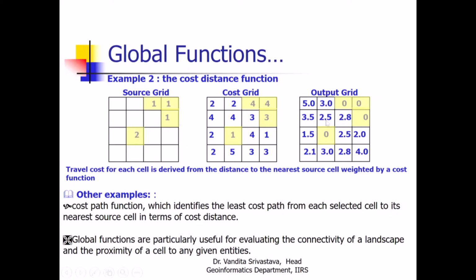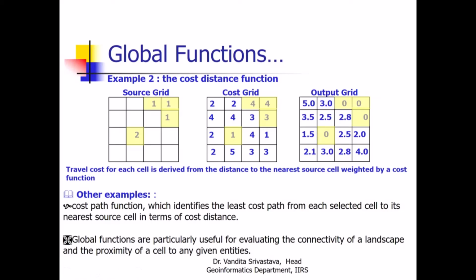So that is why this becomes 2.5. If you consider another route, then an additional cost will be there. That's why that is not the nearest source. This is the nearest source and the cost of traveling to it is 2.5. That is the distance considering the cost grid. That is how global functions are calculated.